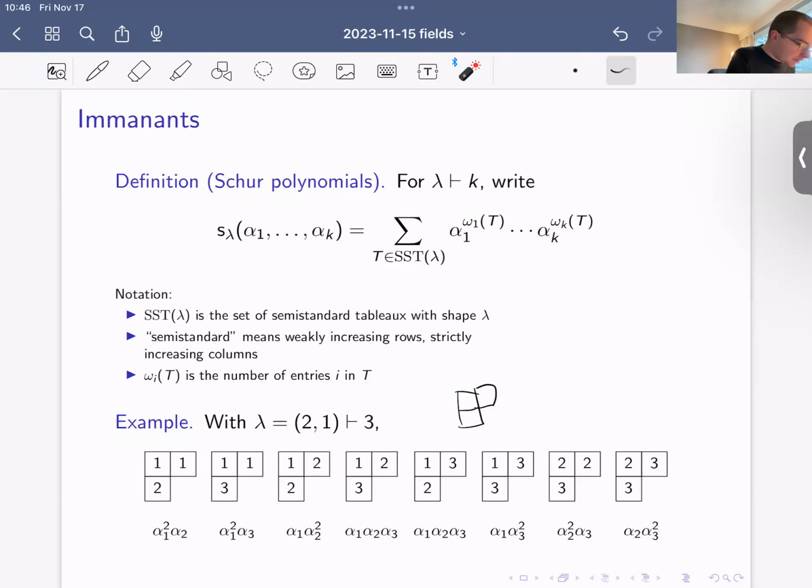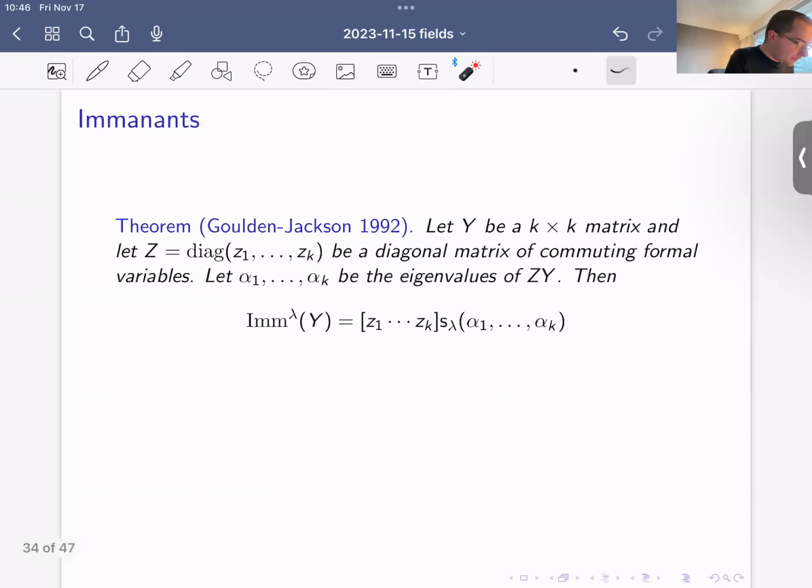Right, so the theorem of Goulden and Jackson is, basically, maybe I don't have time to go into a lot of detail about this, but basically what it's doing is reducing computations of these immanants to computations of certain Schur polynomials.